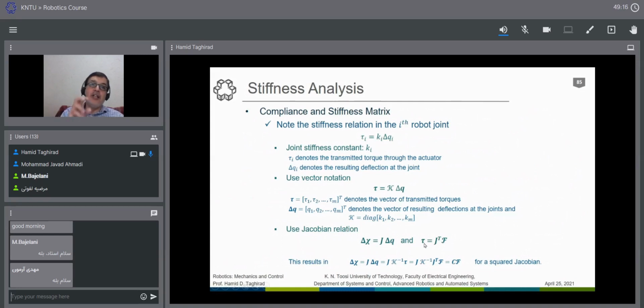We have a flexible harmonic drive there, so this will cause some delta q i there. And we also know that delta x and delta q are related with the Jacobian. The Jacobian works on both sides, in position and also in torque.